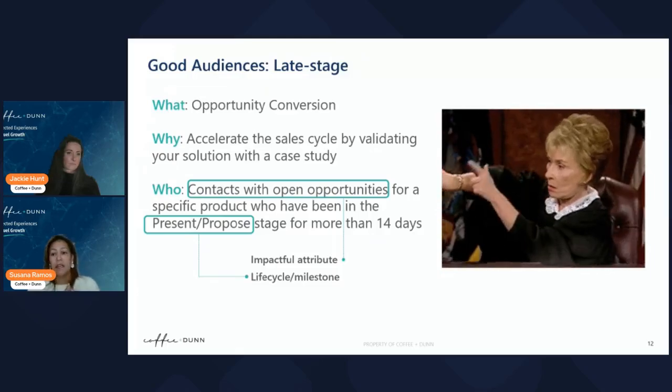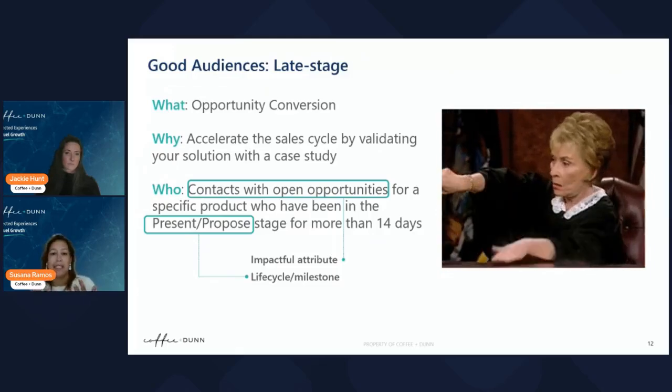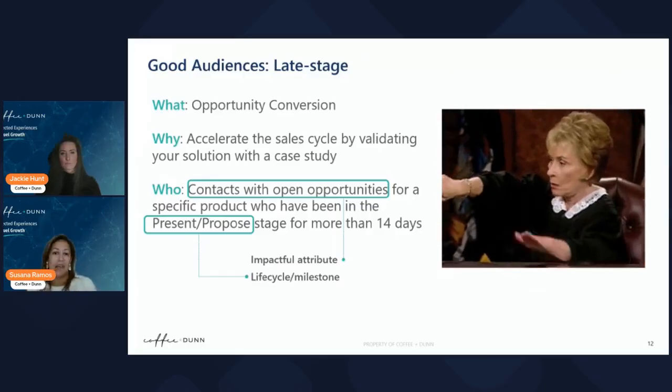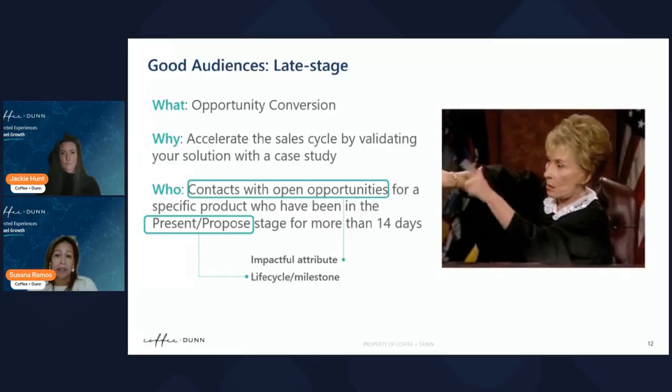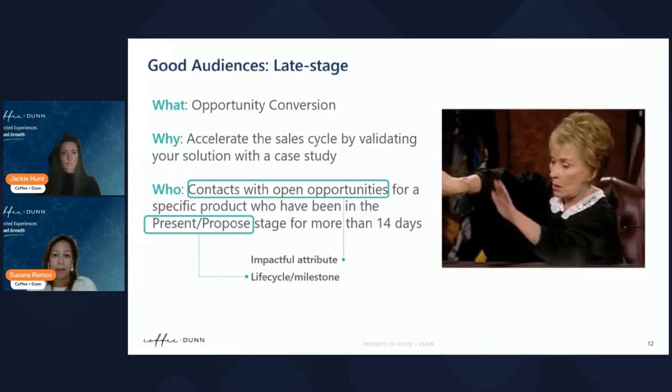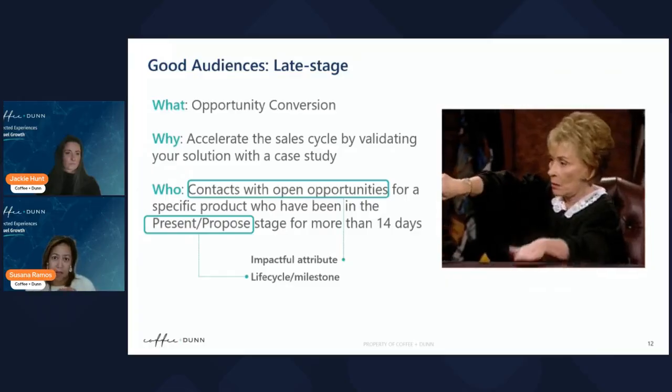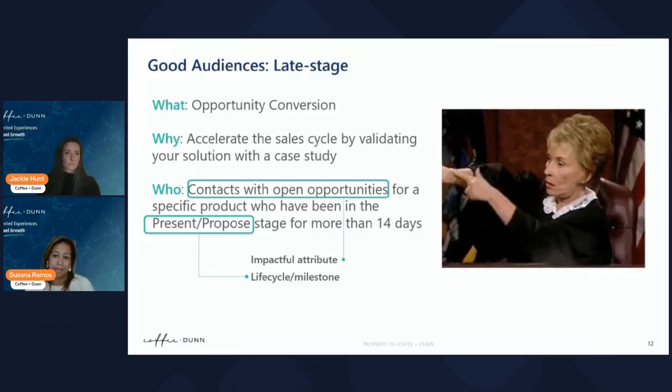So in this case, the contacts with open opportunities, that's an impactful attribute in the system. And then the life cycle stage, again, that we're touching on here. So using that milestone and leveraging that to pare down the audience.